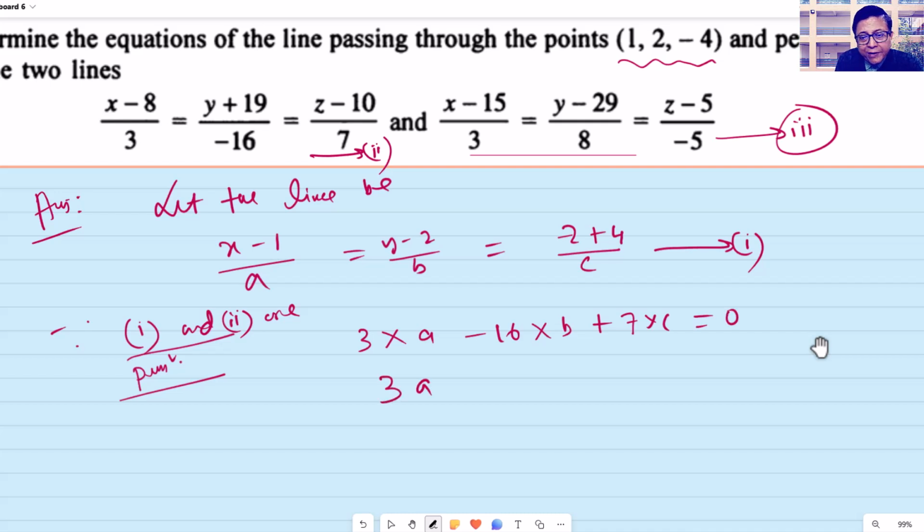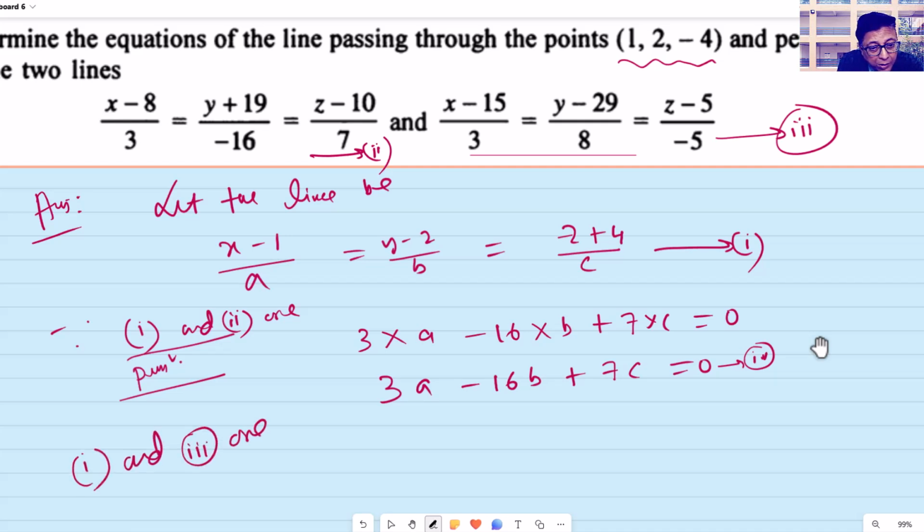So 3A minus 16B plus 7C equals 0, this is number 4. 1 and 3 are also perpendicular.